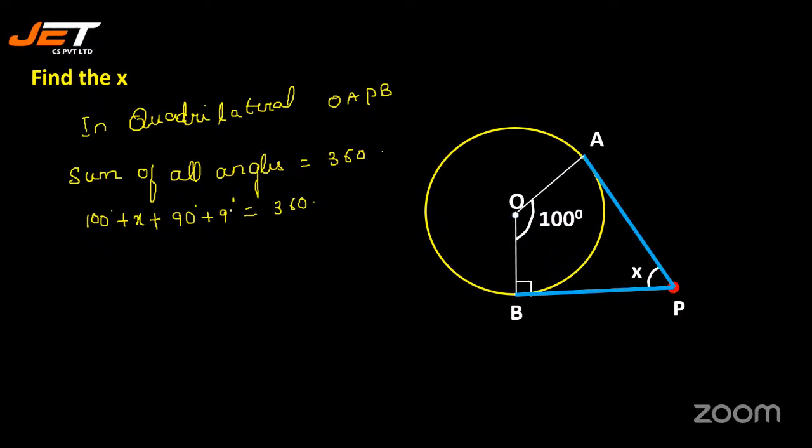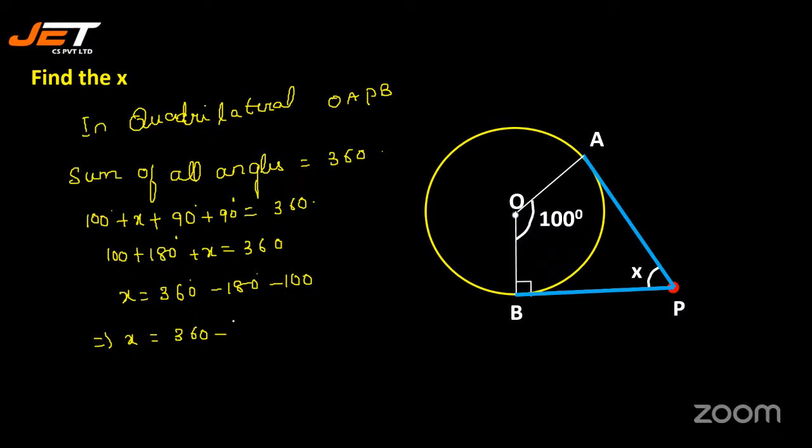So now 100 plus 9 twos are 18, so 180, plus x is equal to 360. So what is x? 360 minus 180 minus 100, which becomes x is equal to 360 minus 280.